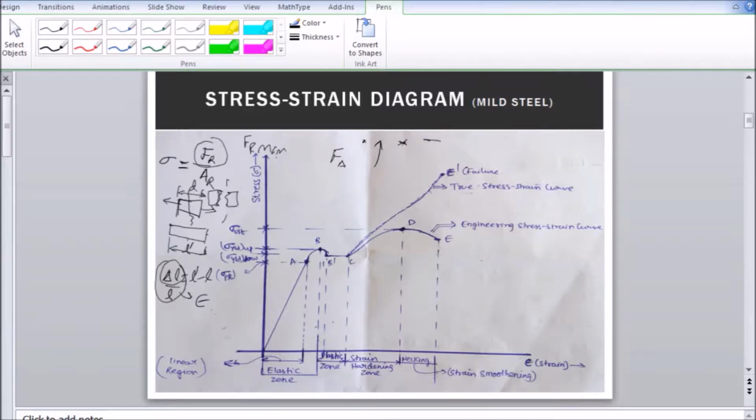For an applied load, there will be a resisting force and accordingly a resisting area. Every time we change the load, the area changes, accordingly we get a certain stress, and correspondingly we get some strain. When we plot this sigma and this epsilon, that means stress and strain, we get the stress strain graph.